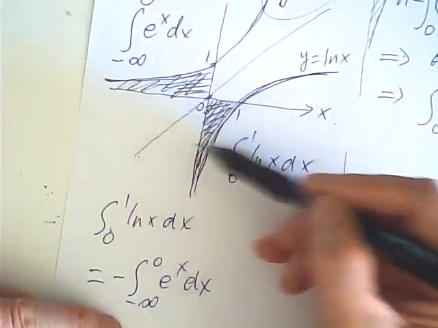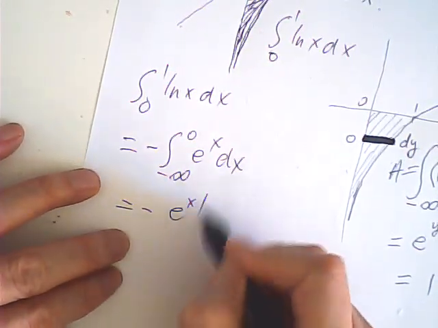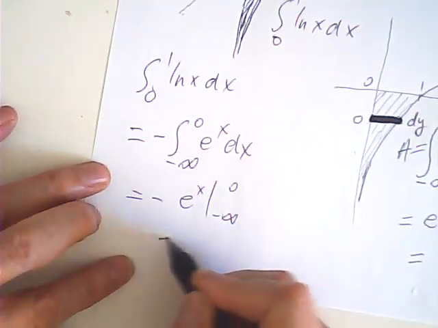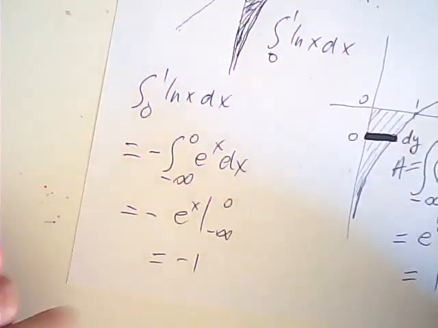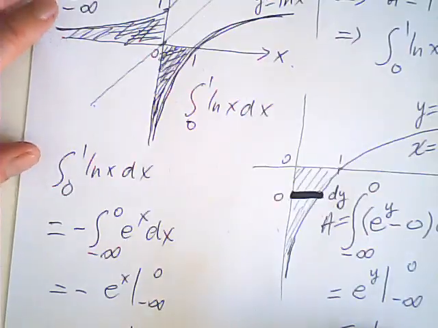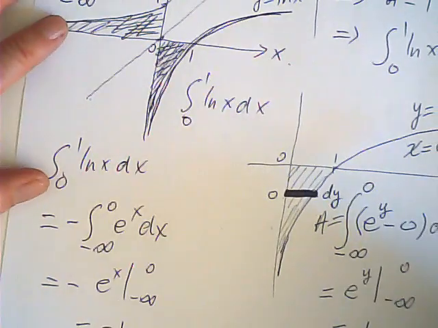The same value, but opposite sign. So this one is negative e to the x from minus infinity to 0. It's negative 1. So we found that one. No, we didn't use Feynman's trick. We didn't use by parts.